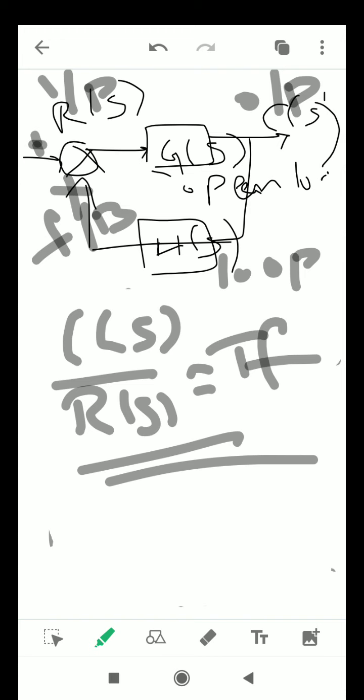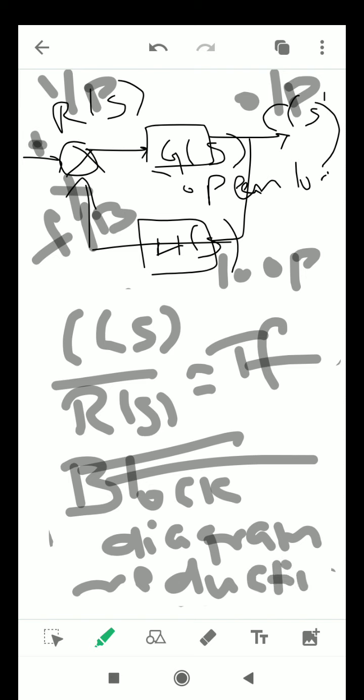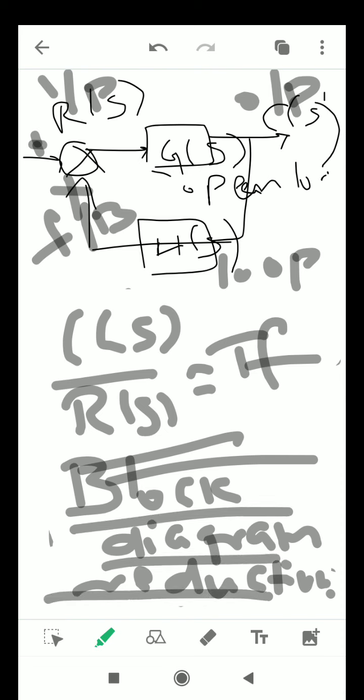In order to achieve this simplification, there are some techniques available. Basic techniques are block diagram reduction, and one more technique is the signal flow graph, which we will learn later. Now let us see the rules with which we will achieve this block diagram reduction.